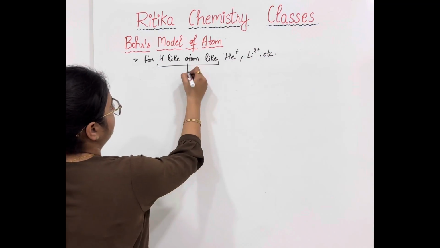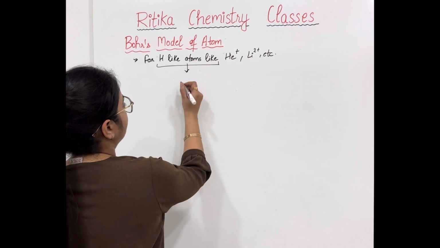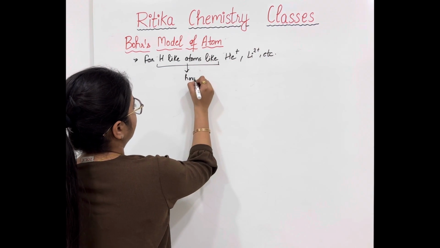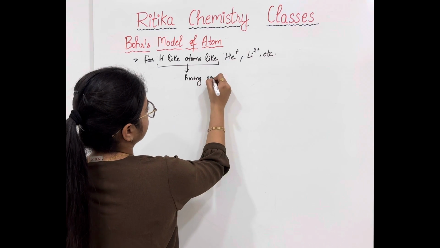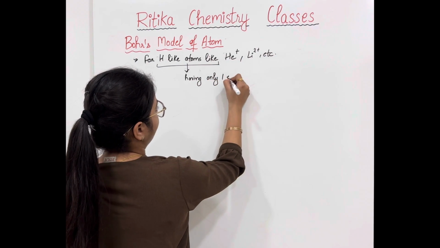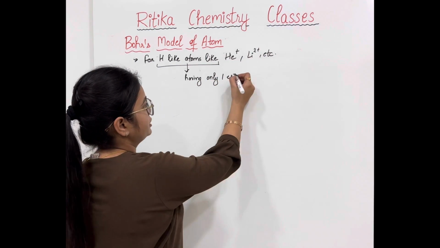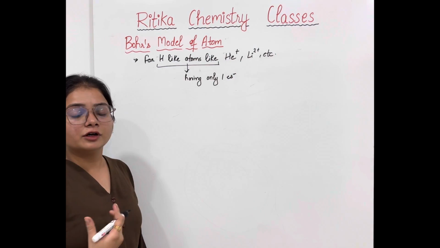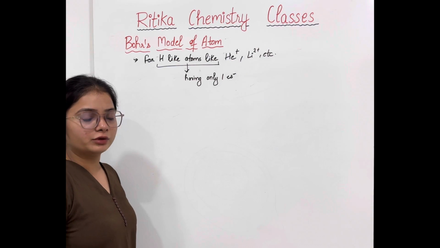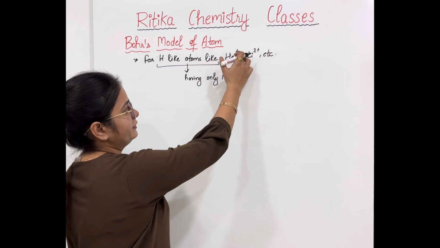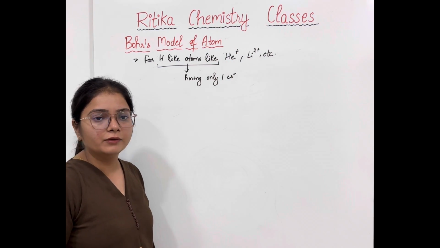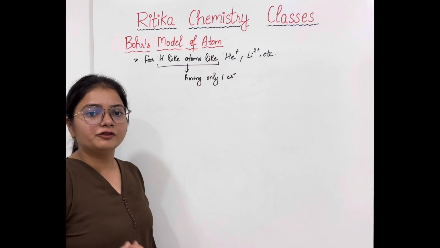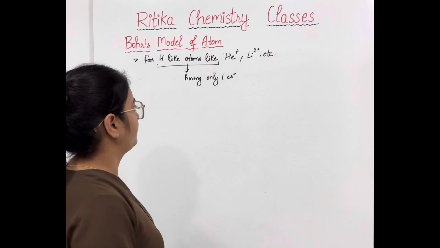Hydrogen-like atoms are species having only one electron. As we know, helium having atomic number 2 has 2 electrons, but here it is helium positive, meaning it has lost 1 electron. So helium positive has only 1 electron in its atom.